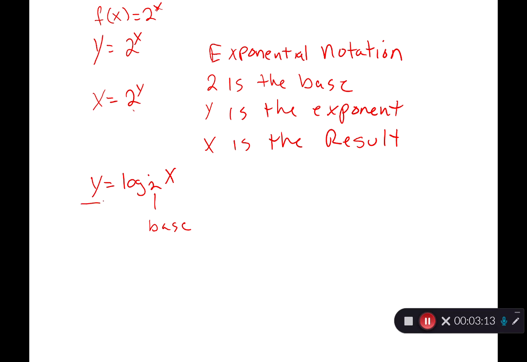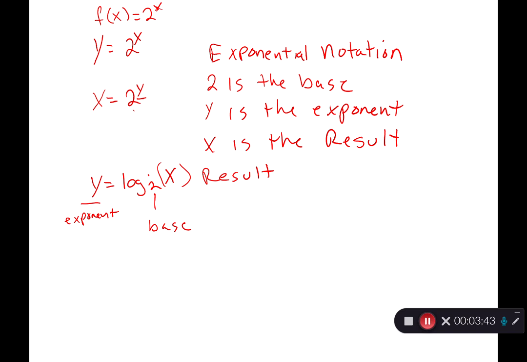Now notice here, we wanted to get something with y equals. Our logarithmic notation allowed that to happen. So y was our exponent, and x was the result. So if we take the log base 2 of our result, we'll wind up getting back to what our exponent was in the first place.